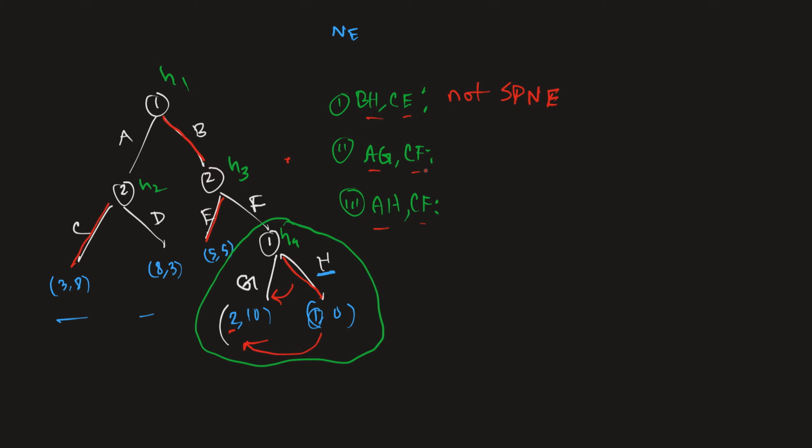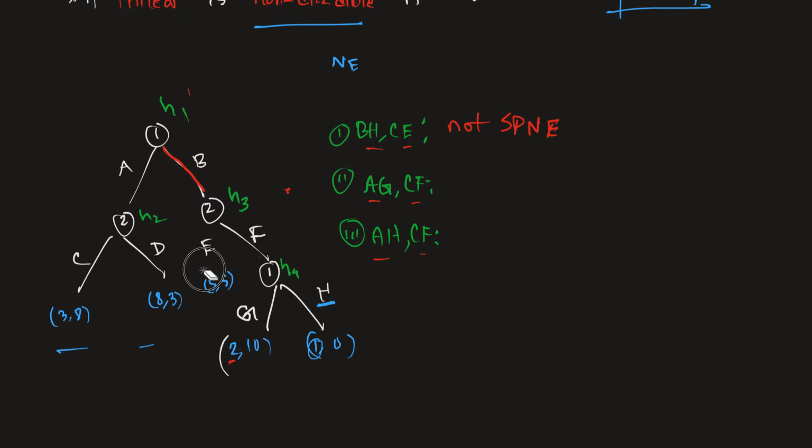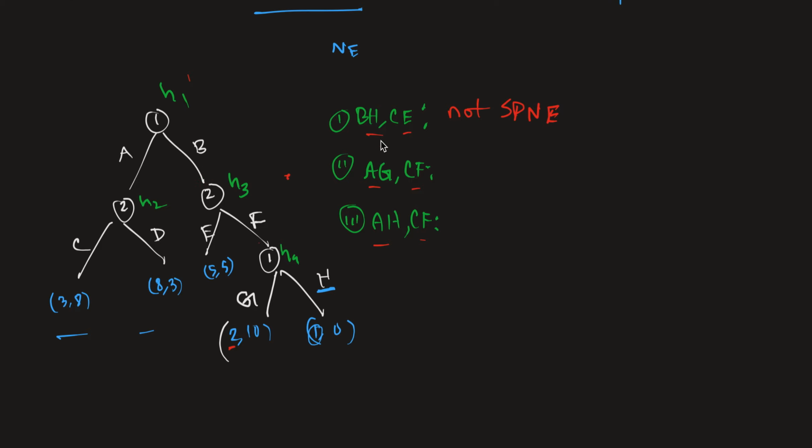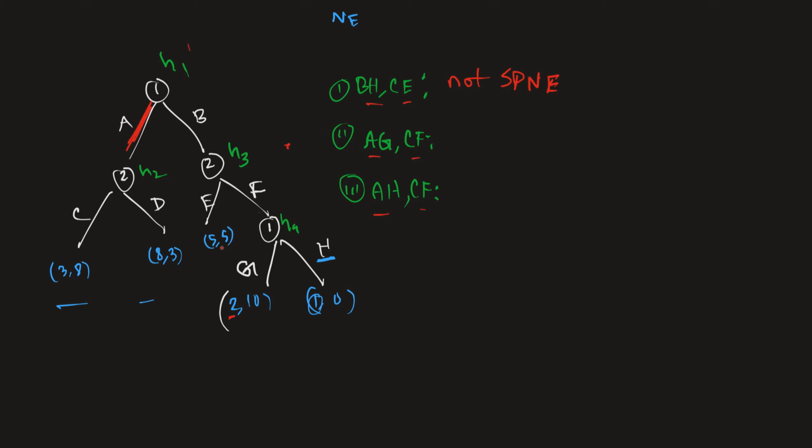What about AGCF? So A, G, C, and F. Is this a subgame perfect Nash equilibrium?